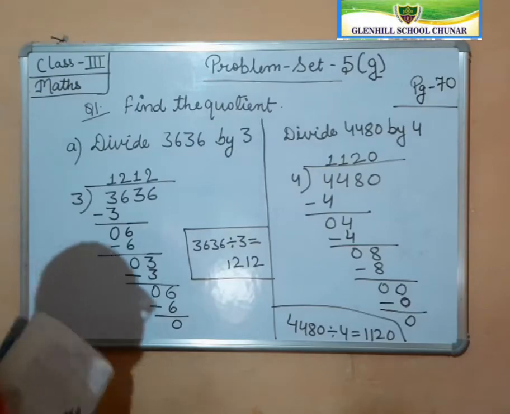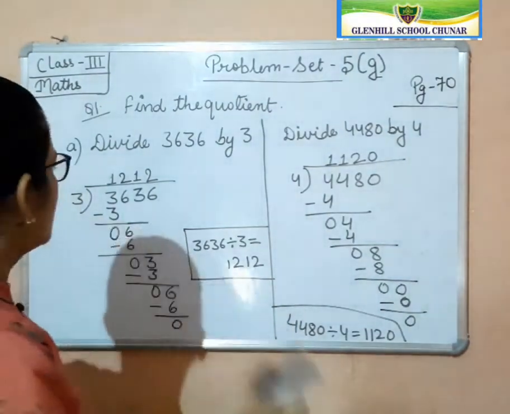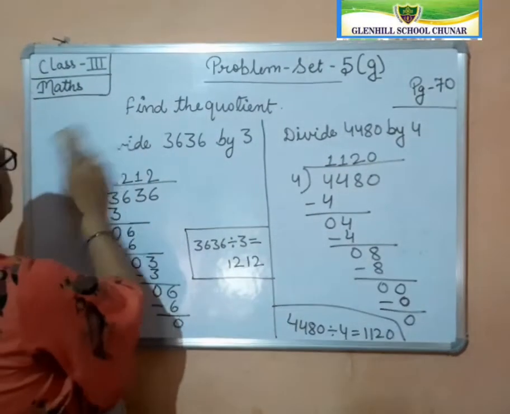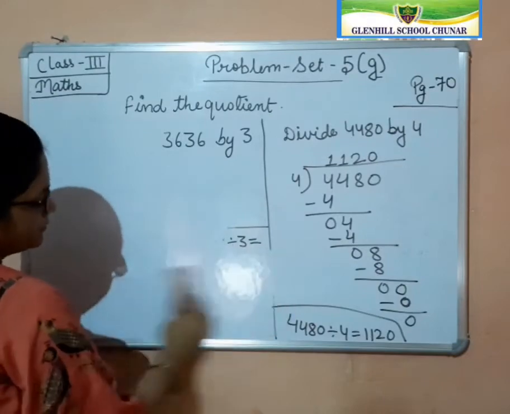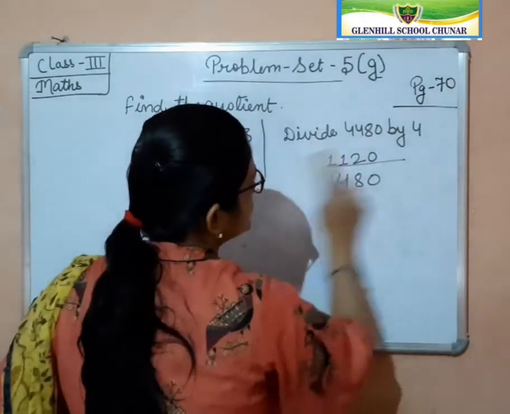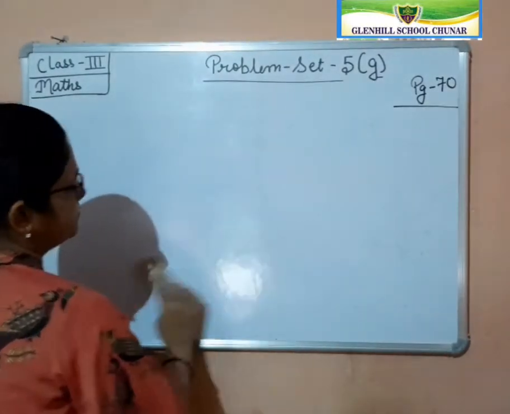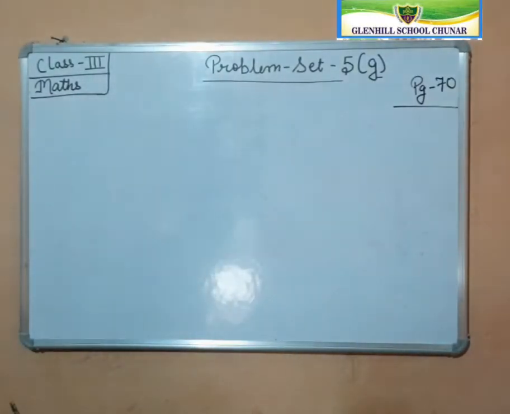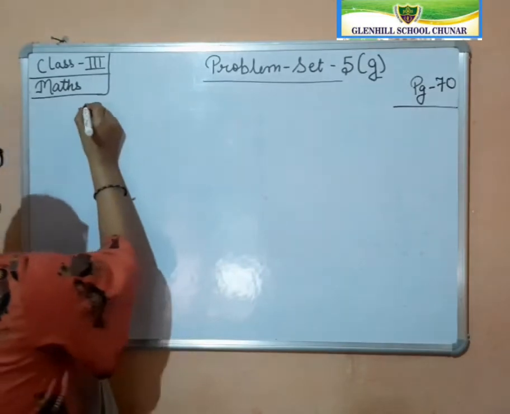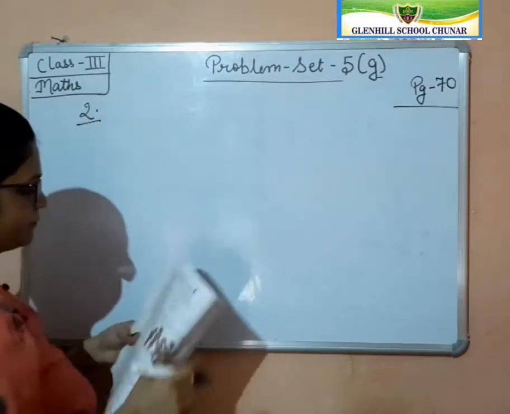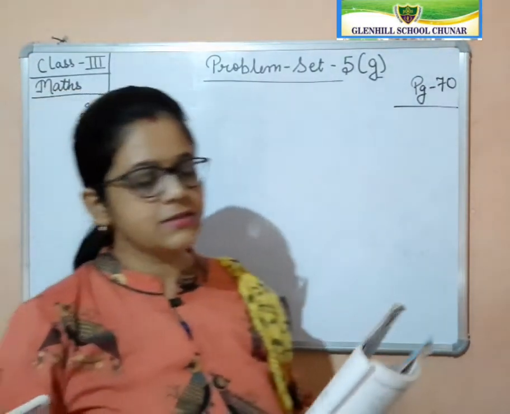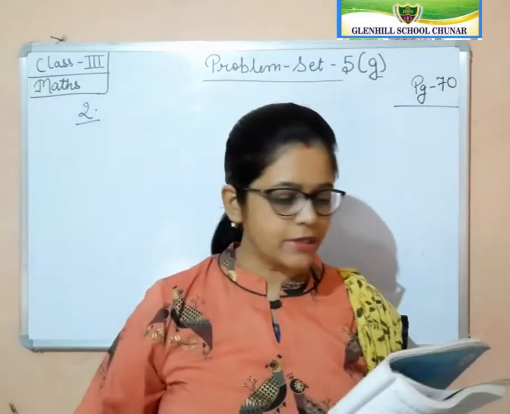Now, hope you all have done this. Now come to question number 2. Question number 2. 2 more questions are there that you will do on your own. Okay, students?